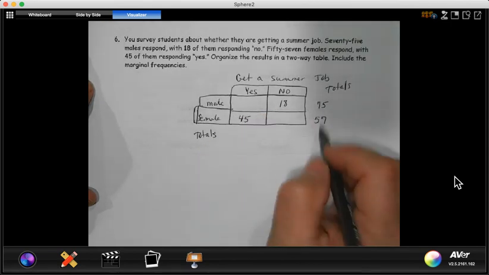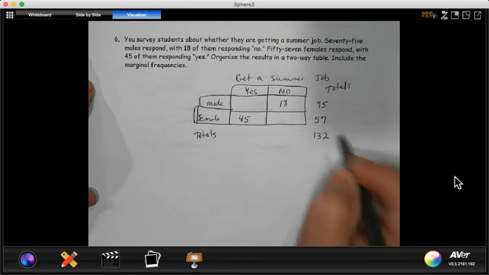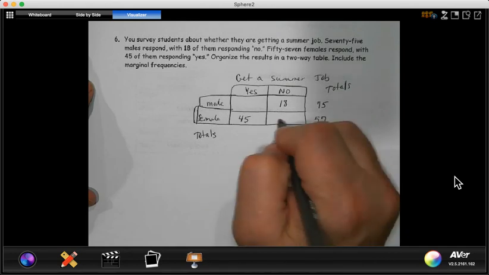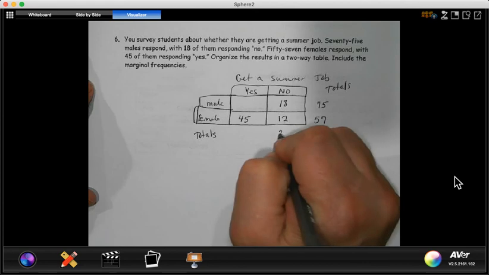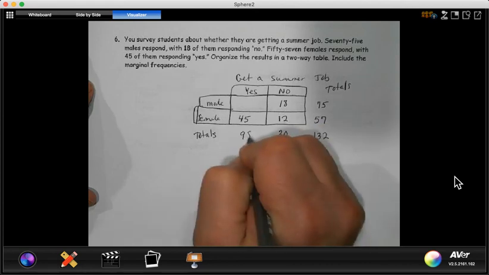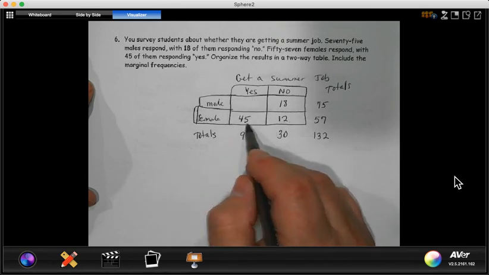So now I've got some totals. The total number of people surveyed, I think, is 132. That means 45 yes. That means 12 no. That means there's 30 no's in the group.